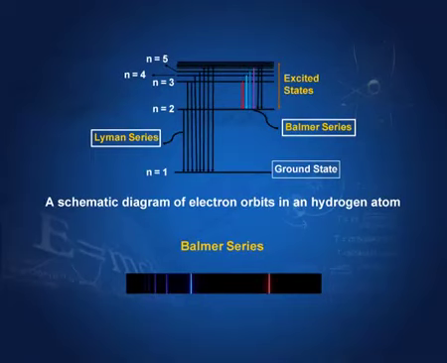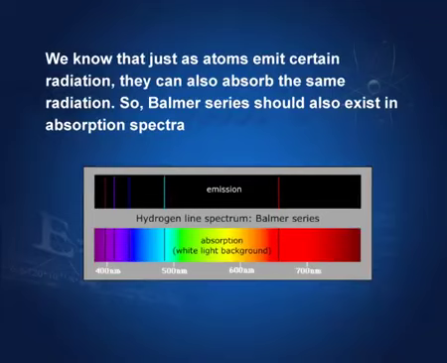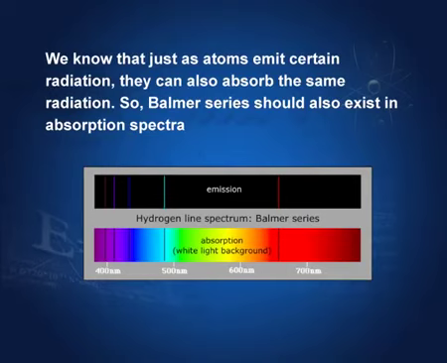On the other hand, if the atom absorbs energy from n equal to 2 up to any level, then these will be lines in the absorption spectrum, and therefore, this would be called Balmer series in the absorption spectrum. So, what is happening here is that there is a background of radiation and the atom absorbs the energy which is just the difference of, say, n equal to 2 and n equal to 5, or n equal to 2 and n equal to 4, or n equal to 2 to n equal to 3, exactly equal to this difference.